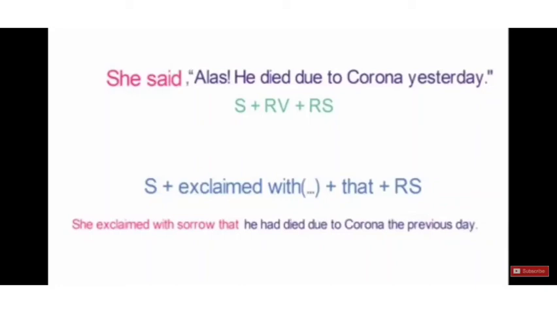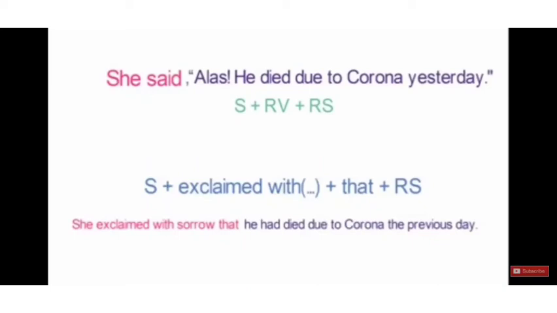Here, the structure of the direct speech is subject plus reporting verb plus reported speech. The structure of the indirect speech is subject plus exclaimed with plus that plus reported speech. Following this structure, the sentence will become like this. She exclaimed with sorrow that he had died due to corona the previous day.